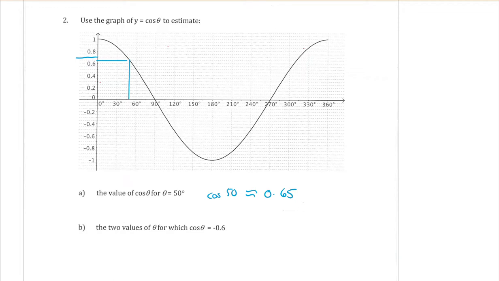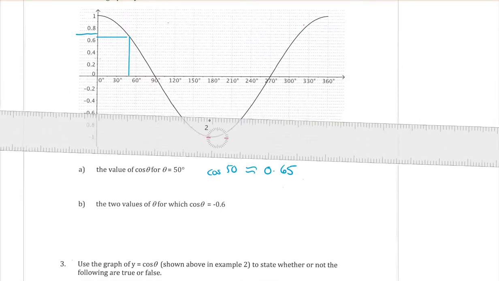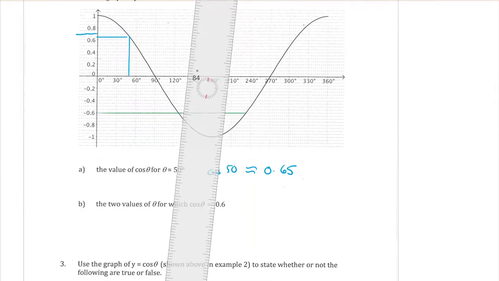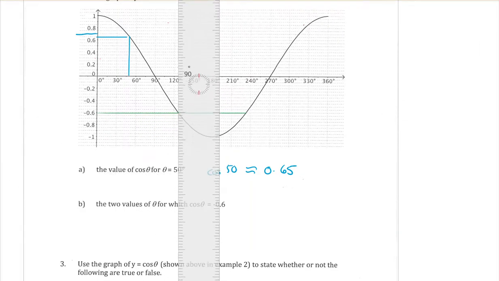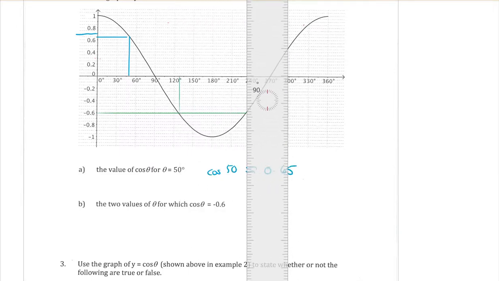And the next one, find two values of theta for which cos theta is equal to negative 0.6. So with your ruler, negative 0.6 is down here. We want to draw a line coming across till it intersects the curve in both spots. And then we want to go vertically and try to read off these measurements.